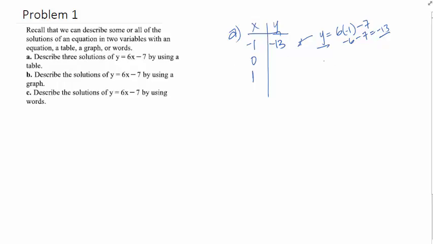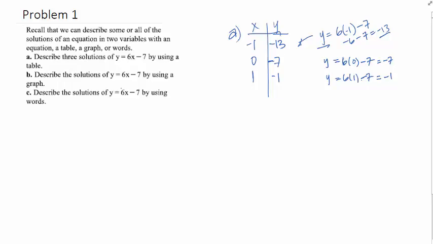When x is equal to 0, y is equal to -7, and when x is equal to 1, y is going to equal -1. Oops, this is -7 and -1.